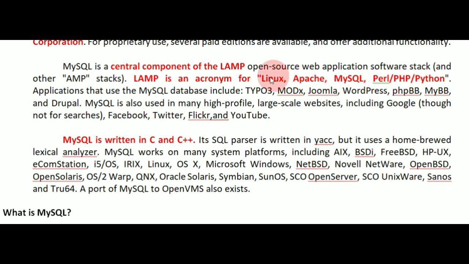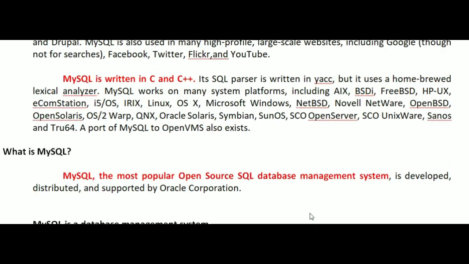Linux is the operating system, Apache is the web server, MySQL is the RDBMS, that is the database management system, and the language you are going to use in this software stack is either Perl or PHP or Python. Next important thing is that MySQL is written in C and C++.